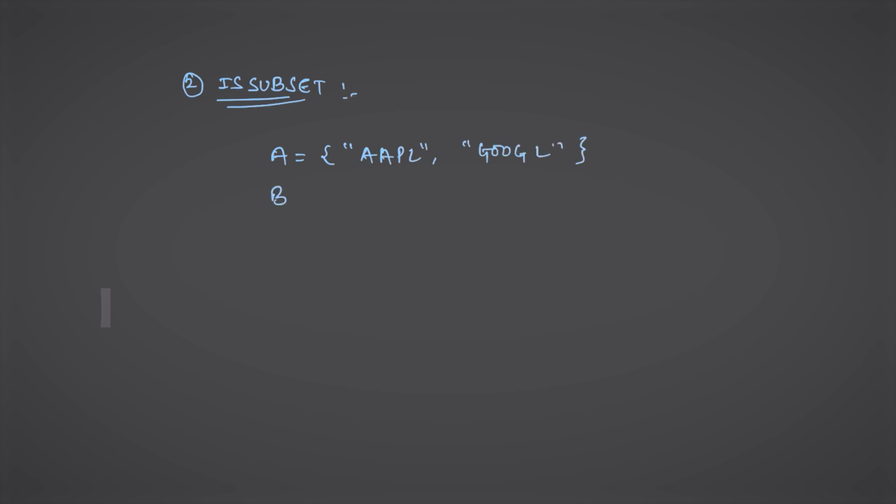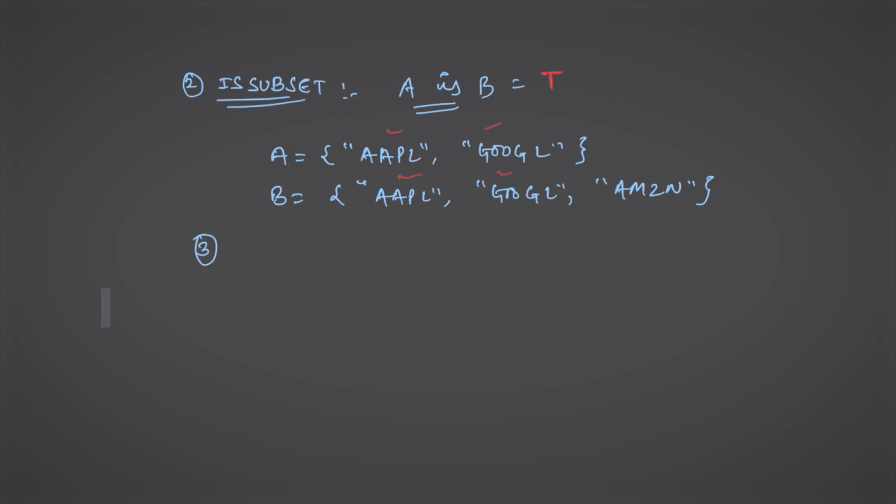Then the second set we have is Apple, Google, then let's say Amazon. Correct? So if someone asks whether A is subset of B, then we can say true. Why? Because all the elements of set A are existing in set B, right?